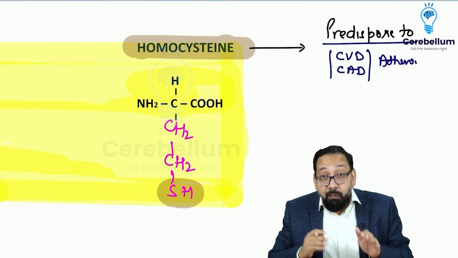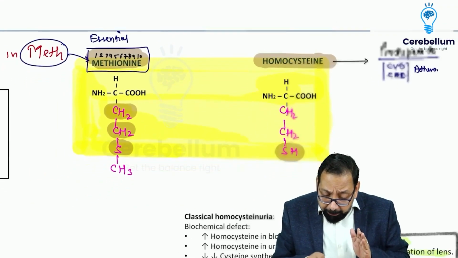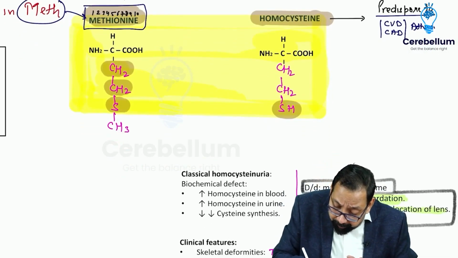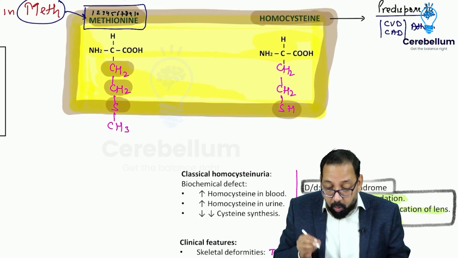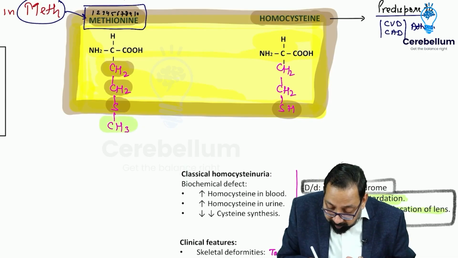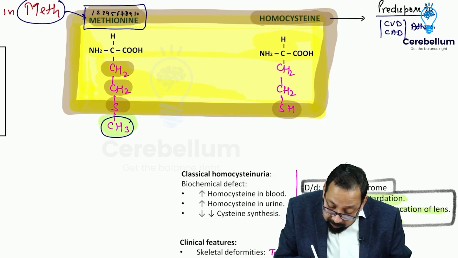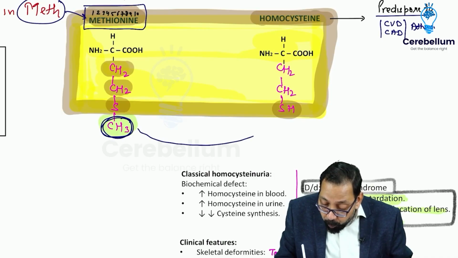When we saw the structure of homocysteine and methionine, we found that this portion is common to both. The only difference was the methyl group. So if I remove this methyl group from methionine, it will be converted to homocysteine. Yes.